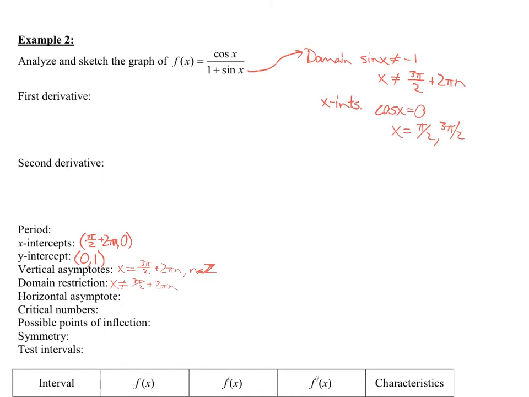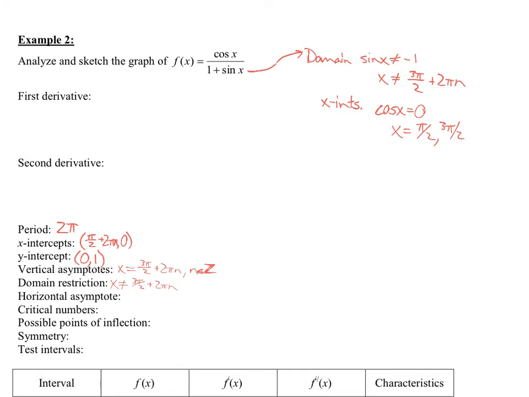What's the period of sine x? 2 pi. Since they both have the same period, when we find the ratio of them, the ratio is also going to have the same period. So the period is going to be 2 pi, because there are no shifts, right?